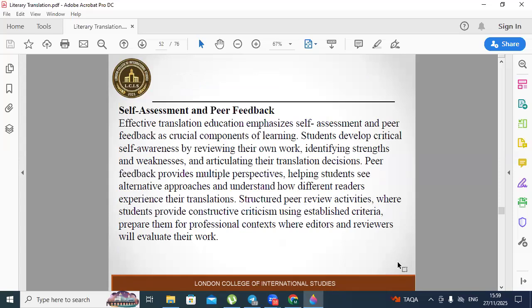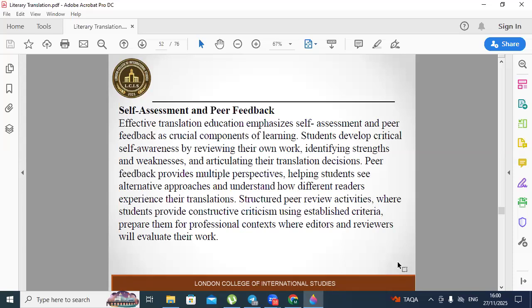Peer feedback provides multiple perspectives, helping students see alternative approaches and understand how different readers experience their translations. Structured peer review activities where students provide constructive criticism using established criteria prepare them for professional contexts where editors and reviewers will evaluate their work.